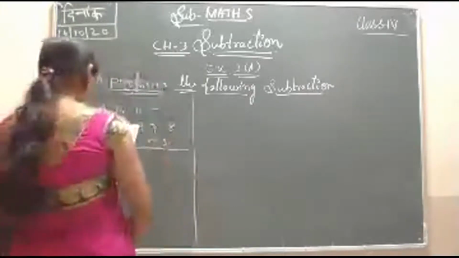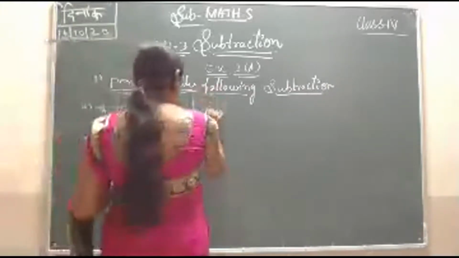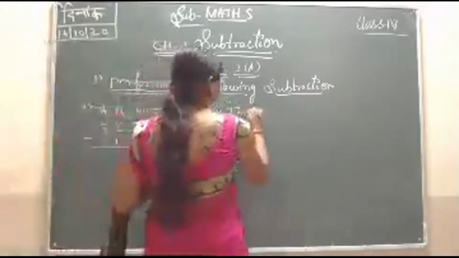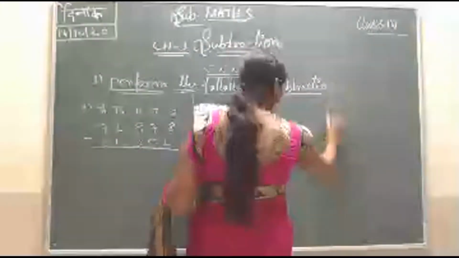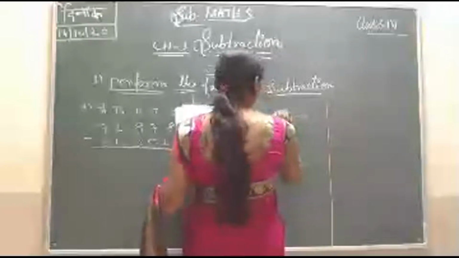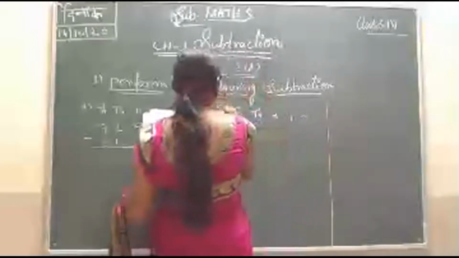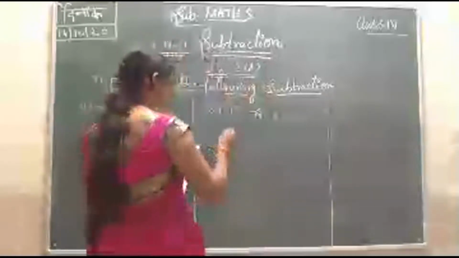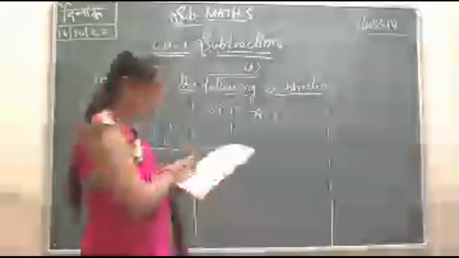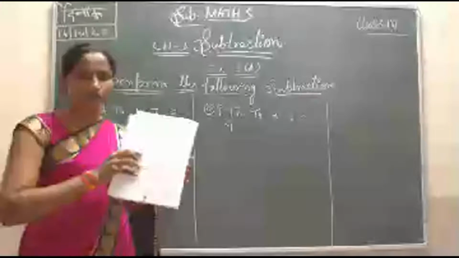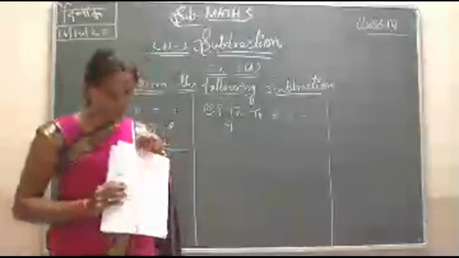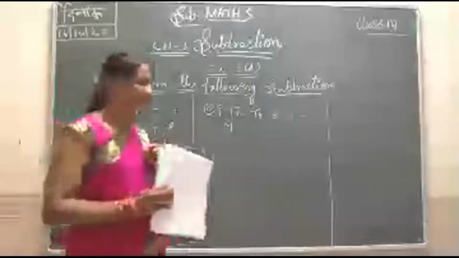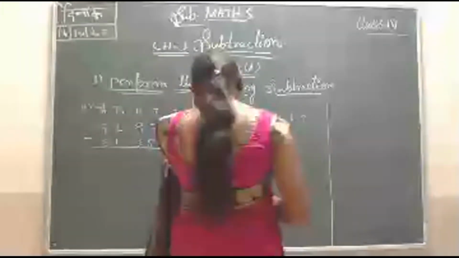Okay, next in B, given ones, tens, hundreds, thousands, ten thousands. What is given, 19,000? Already in your reader, page number 41, we have arranged the numbers column-wise, row-wise, students.